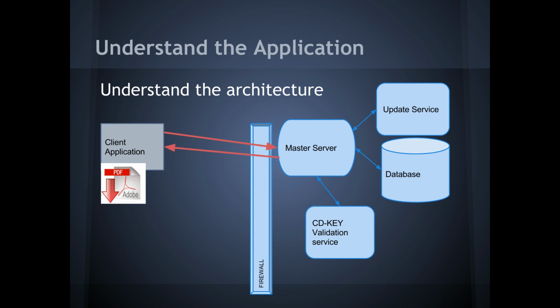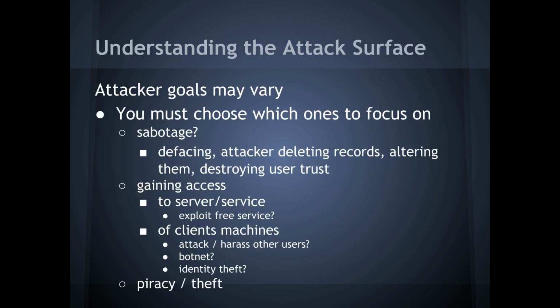And you contact the master server, and there's an update service and perhaps a CD key validation service. You have to really understand the architecture of your particular scenario to do code auditing effectively, because the architecture dictates the attack surface.